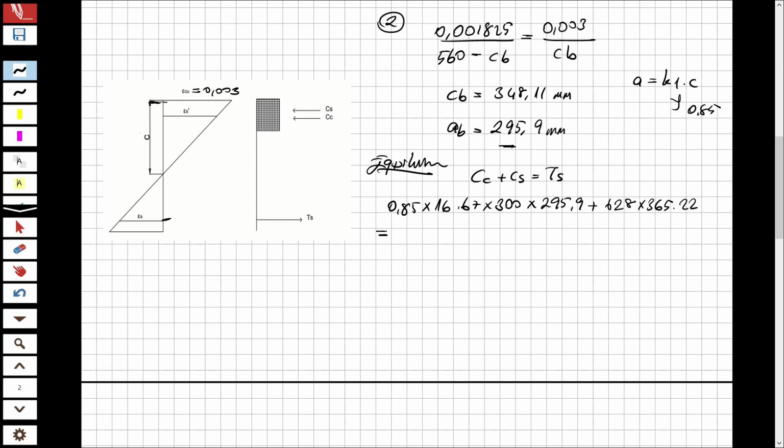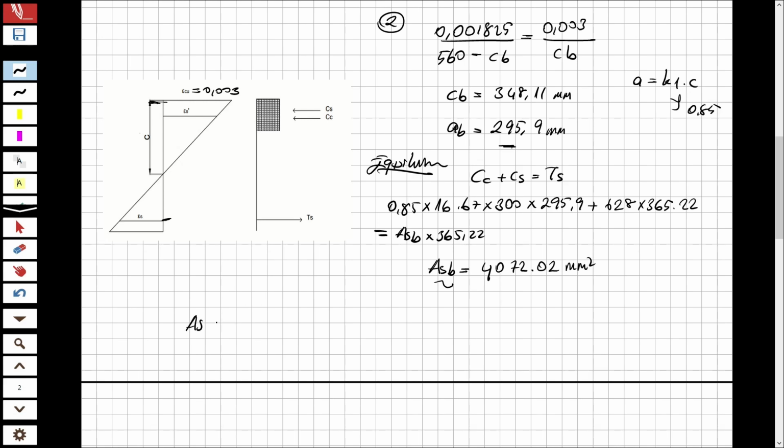This is going to be equal to the tension steel, Asb multiplied with 365.22. From here, I obtain the balanced steel area as 4072.02 square millimeters.